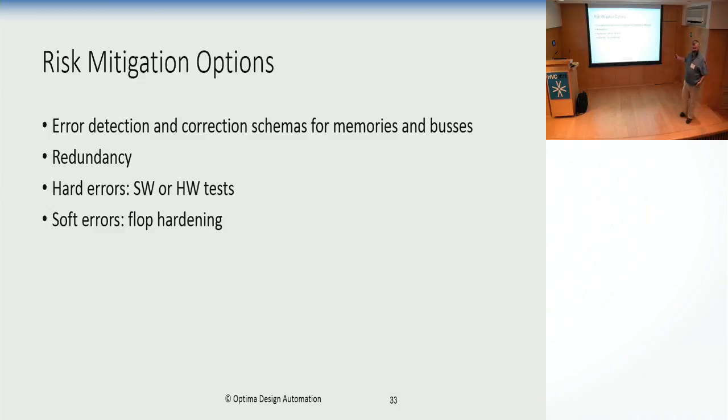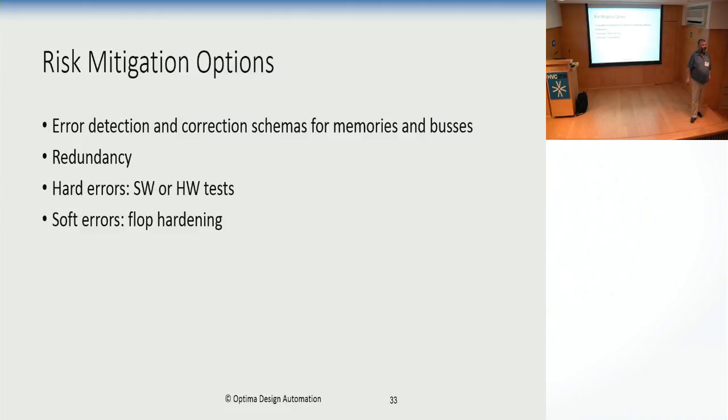Now redundancy, I will show you in a minute, is a wonderful type of solution of the type that Yitzhak mentioned before. It can be very good and very expensive. For hard errors, I deploy software or hardware tests similar to the concept of manufacturability, or manufacturing tests.